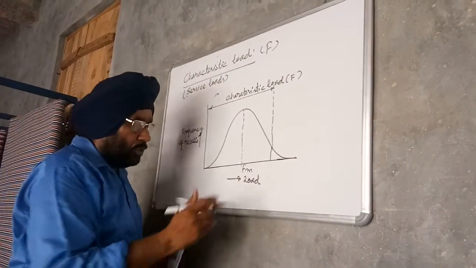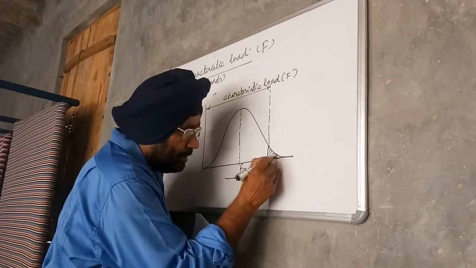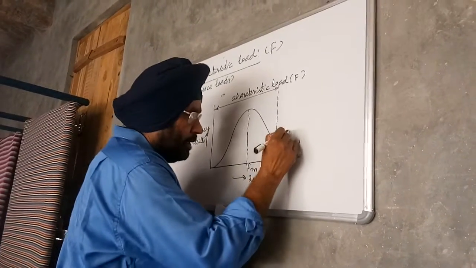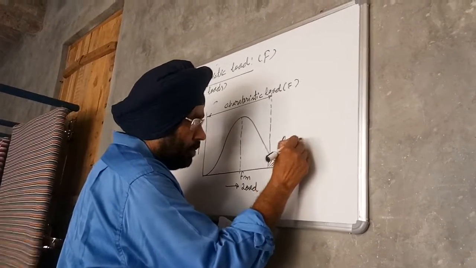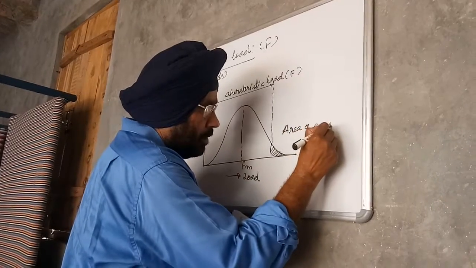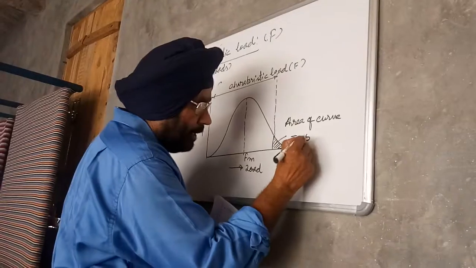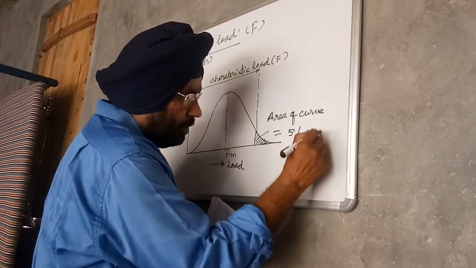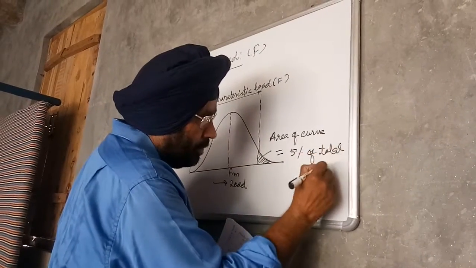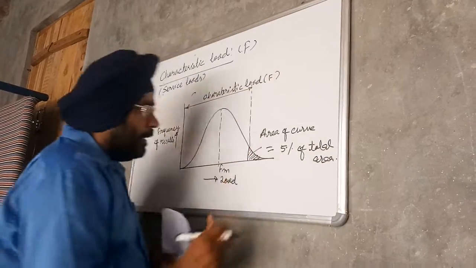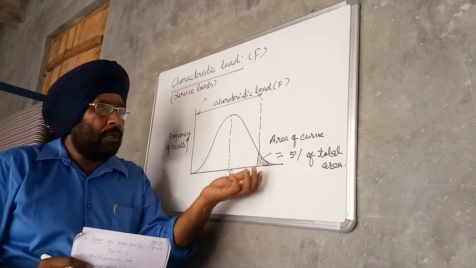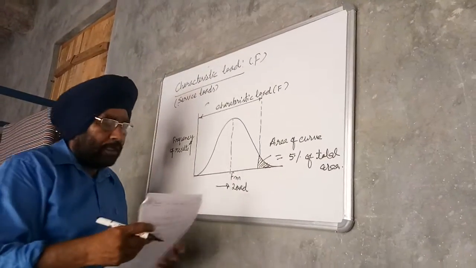The area of this hatched portion is 5% of the total area of the curve.